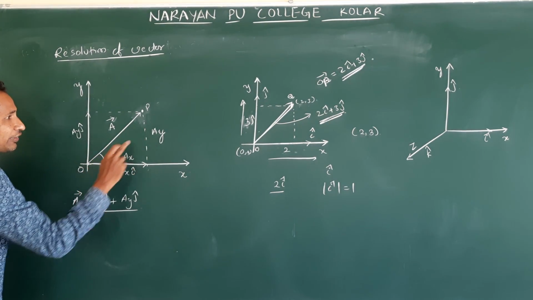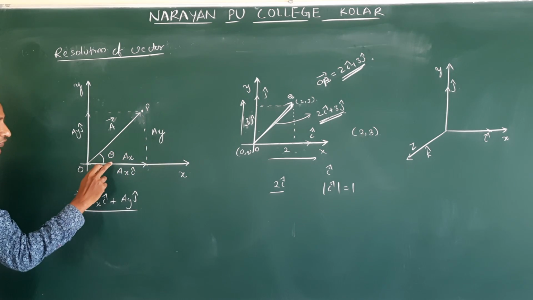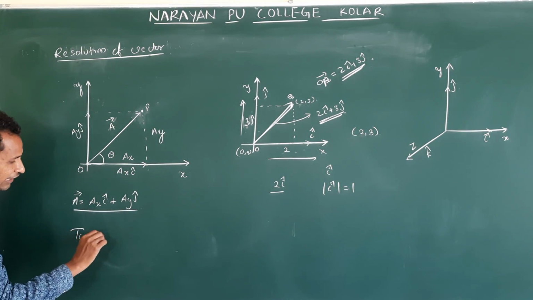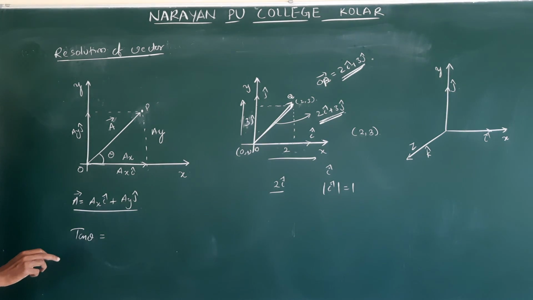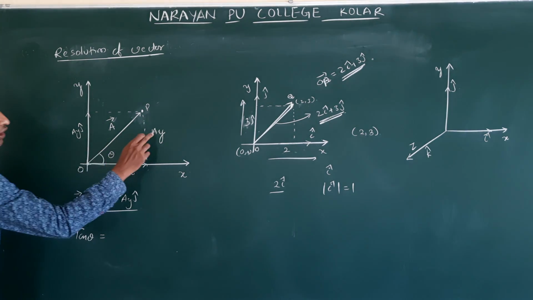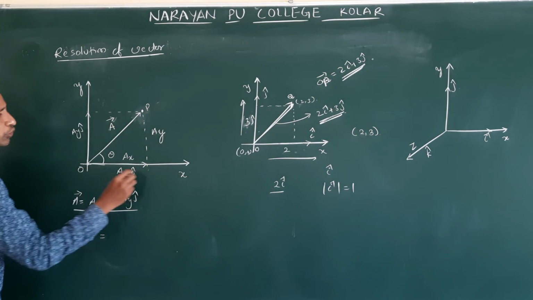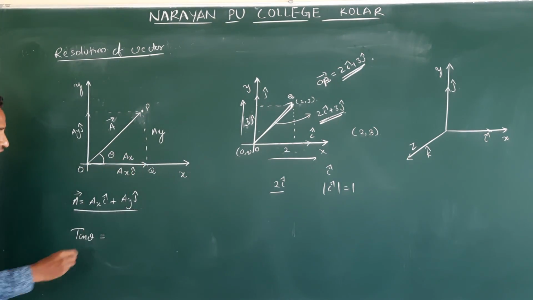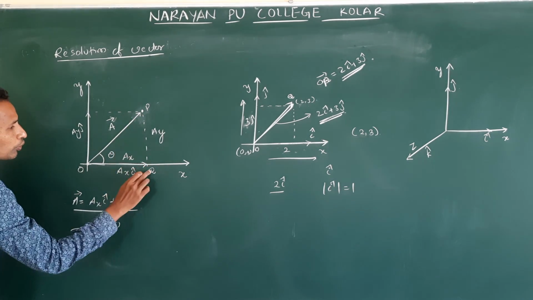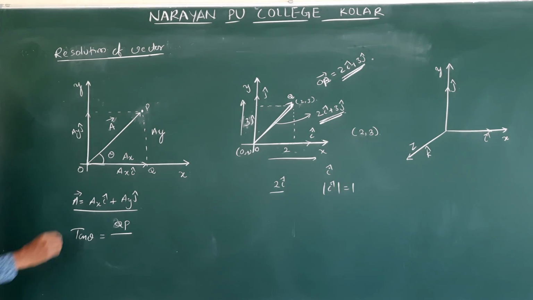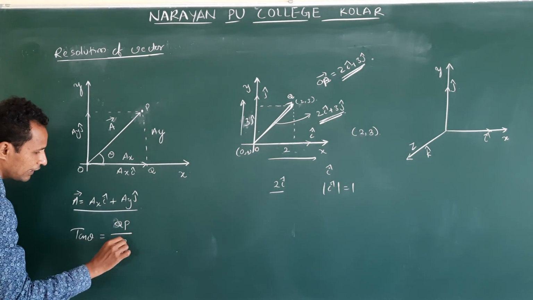Then this is theta. We have an opposite side and an adjacent side. Then what do we get? Adjacent side, opposite side, involving the trigonometrical ratio tan theta. Tan theta is what? Opposite side by adjacent side. I have taken this as O, you take this as Q. Then how do you write? QP, the opposite side, by OQ, the adjacent side.